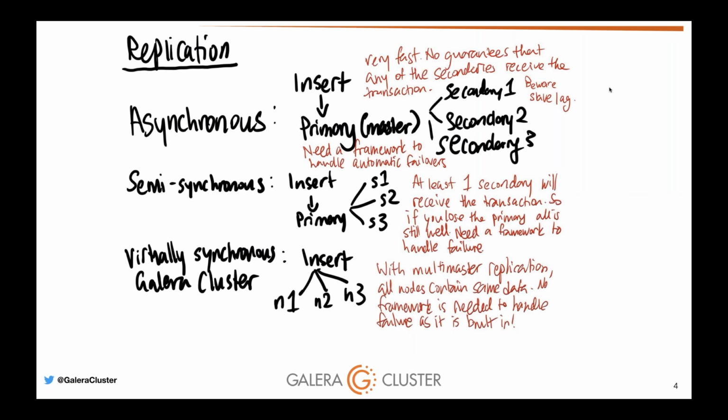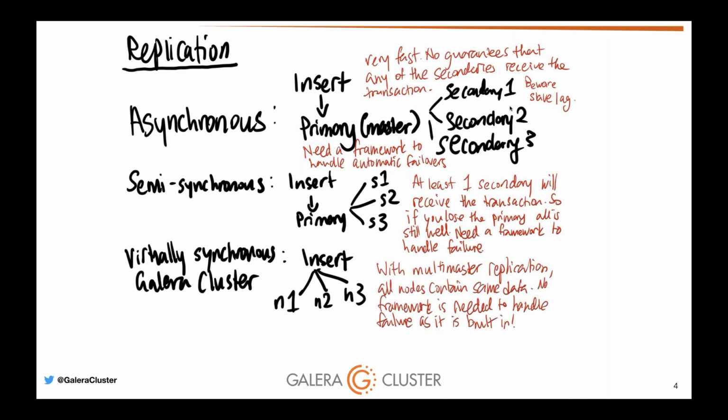So important bits here. There are three types of replication in the MySQL world. You're probably familiar with asynchronous replication, which is the default inside of MySQL. You insert something, it's very fast. It hits the primary, and it may or may not hit the secondary.